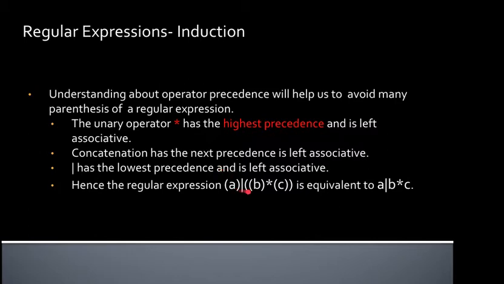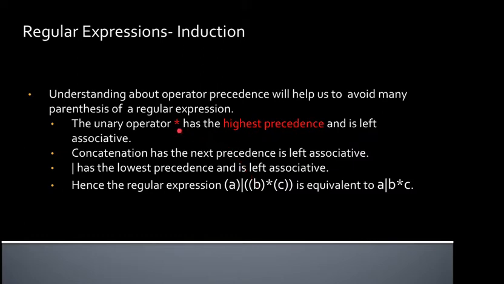We have three operators here, and we mentioned that star has the highest precedence. So naturally here B star assumes higher precedence. So this parenthesis can be taken away from here.